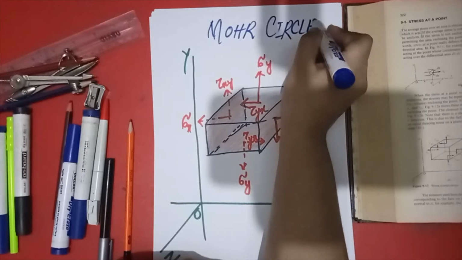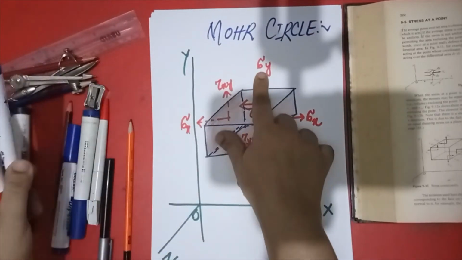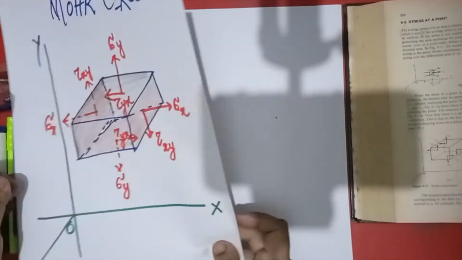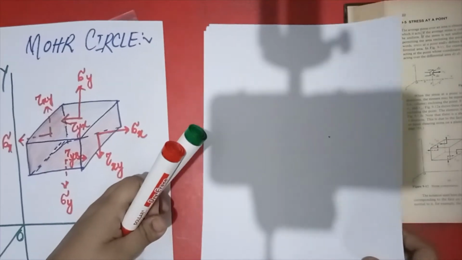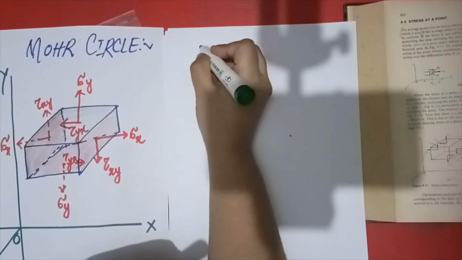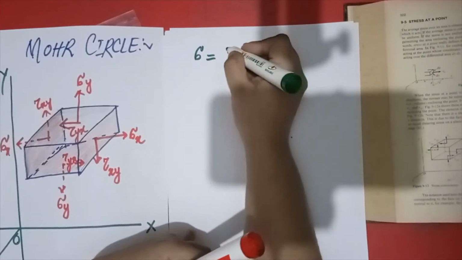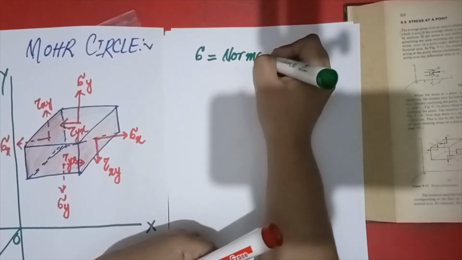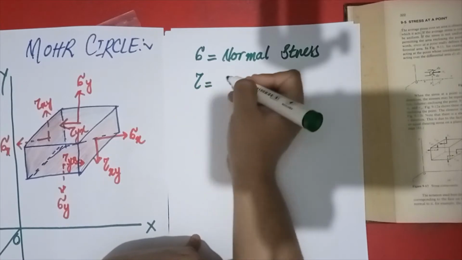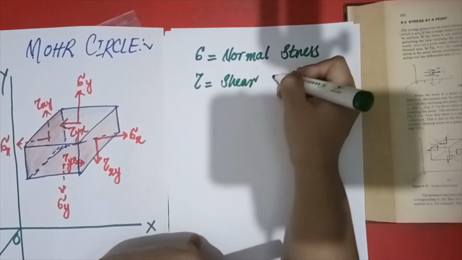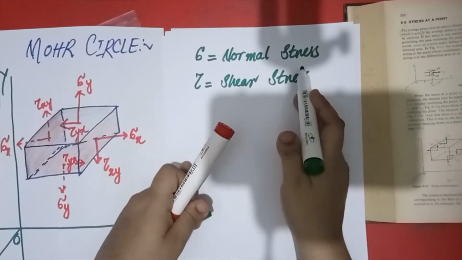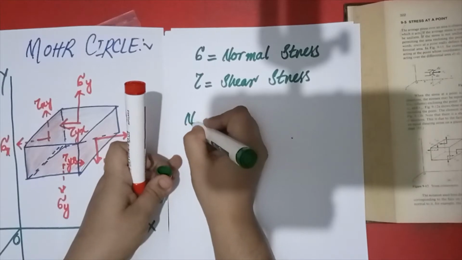One thing I want to tell you is that sigma represents normal stress, and tau represents shear stress. So I am going to write it down here: sigma is equal to normal stress, and tau is equal to shear stress.